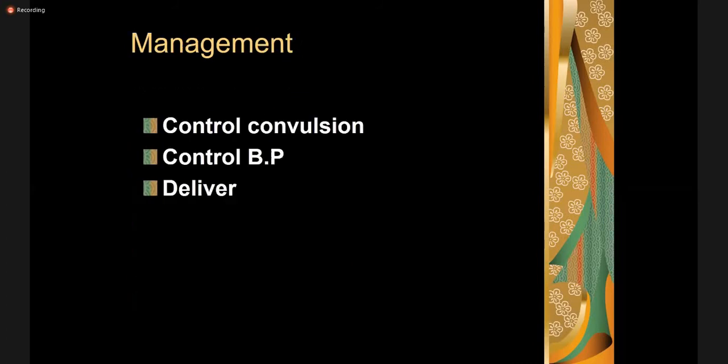The management includes three basic things. First of all, if the woman is having fits, control her fits, control convulsions. Number two, your aim will be to control her blood pressure, to lower down the blood pressure. And number three, you have to deliver her.